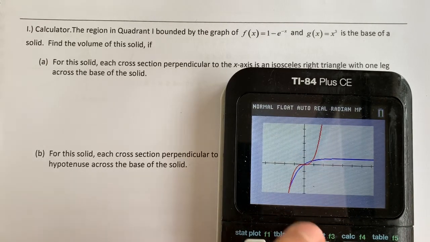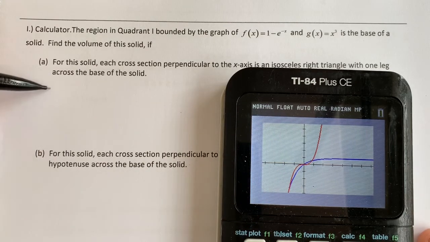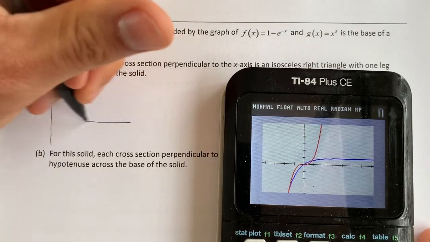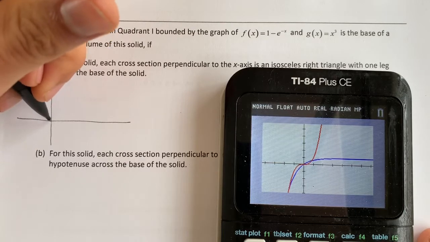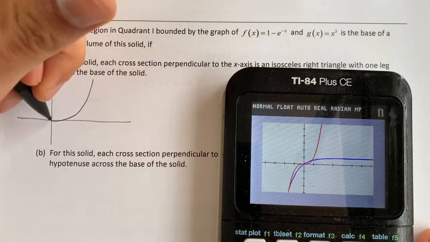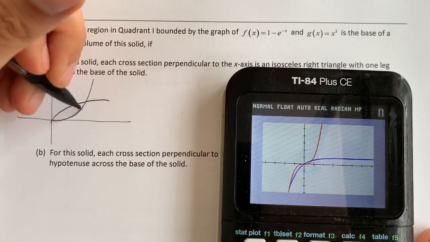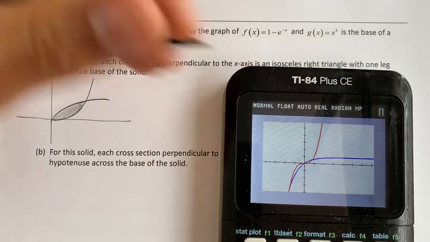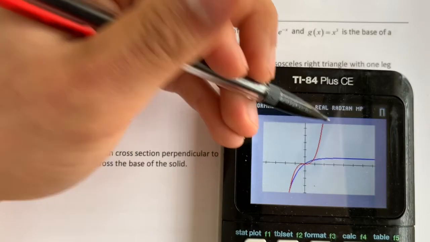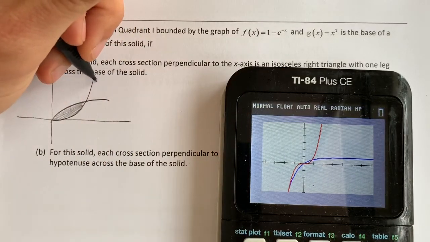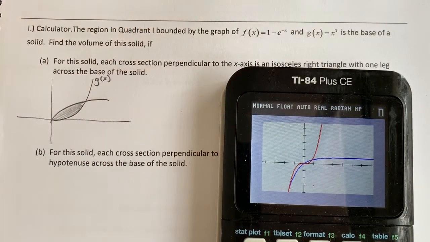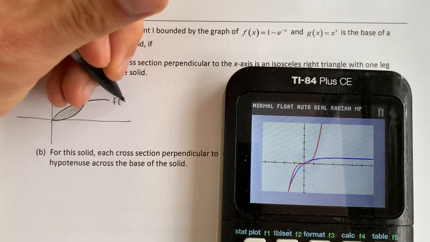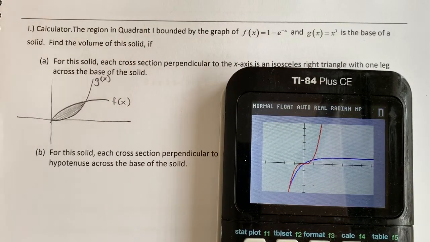I don't know if I actually need to zoom in. I can kind of see what's happening here, but I'm going to just draw the idea here of the shape. It looks something like this, so that's what I'm working with. I know that the red line is the x cubed, so this is g of x here, and then f of x is that e graph here.